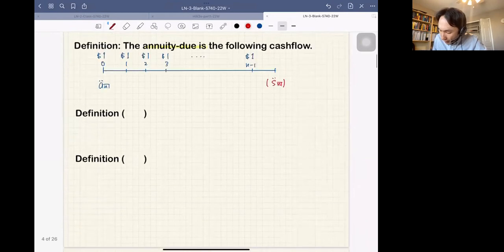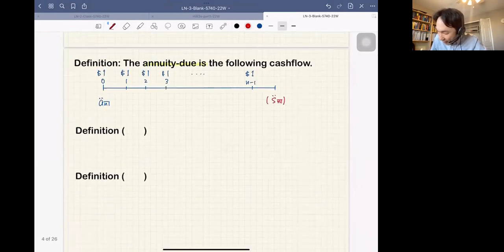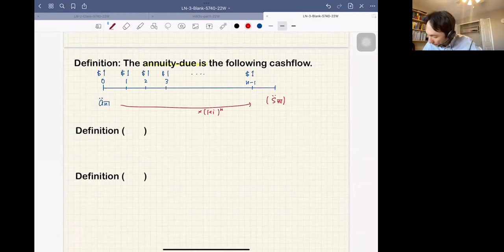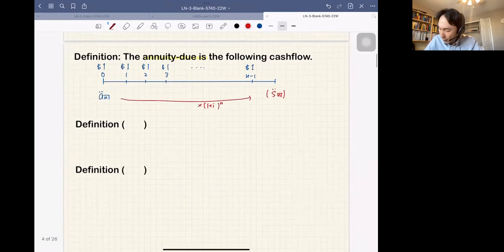And from a double dot angle n to s double dot angle n, we again just multiply (1 plus i) to the nth power, where i is the interest rate. So the definition of a double dot angle n is the present value of annuity due.